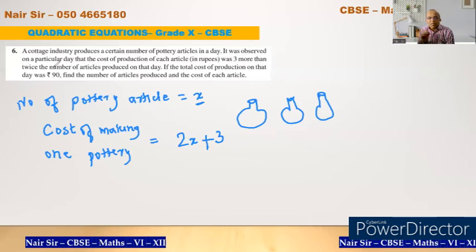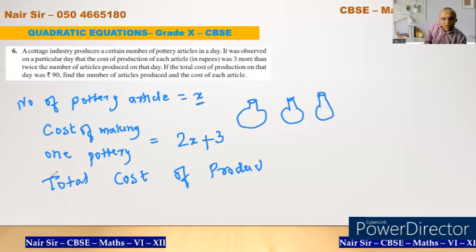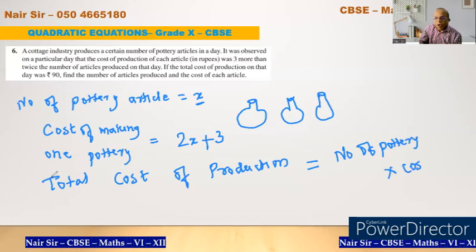Now, this completes my second part. If the total cost of production, how will I find the total cost of production? Number of pottery that I make multiplied by the cost of one pottery.